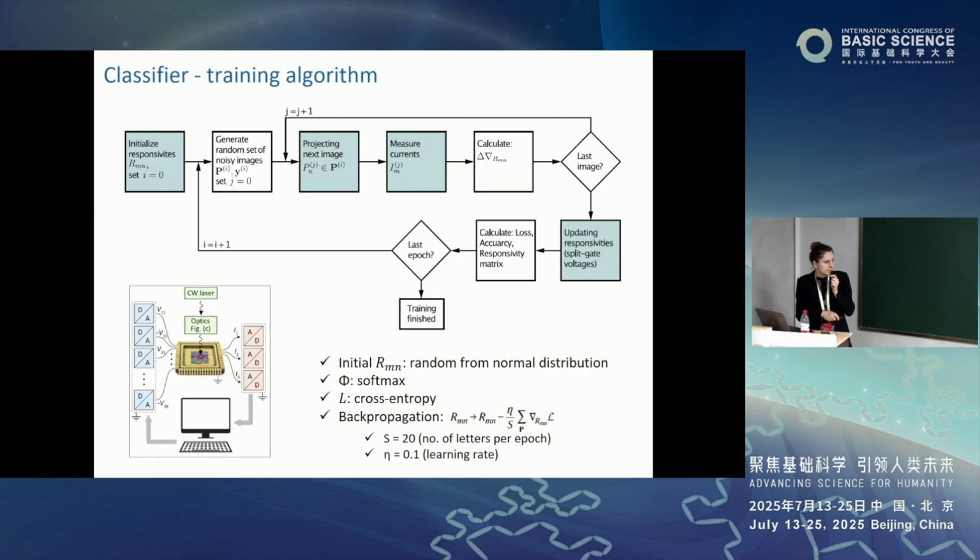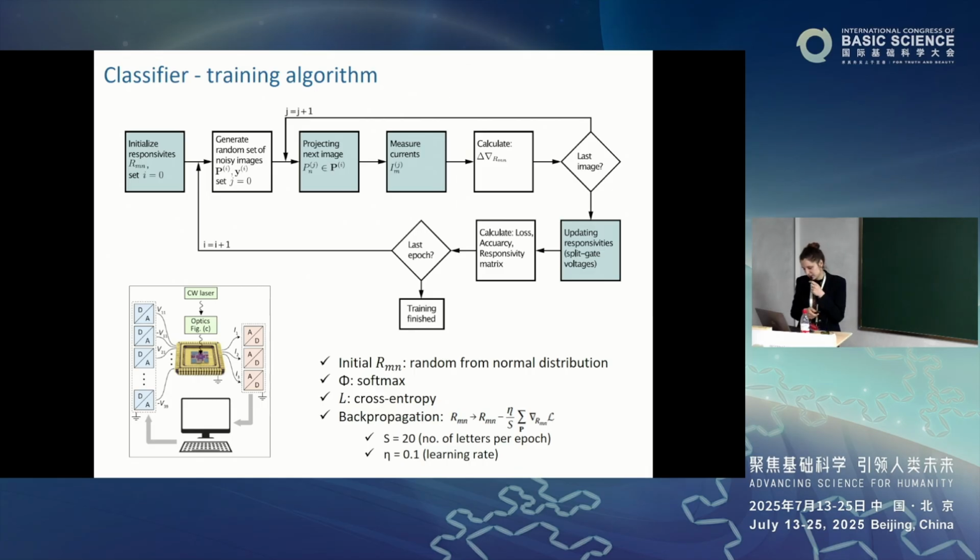So here are some details for people who are into AI training. It's very, very basic. Initial weights were random from a normal distribution, so we took just random numbers. Then the softmax function was used as the activation function. As I said, it will give you the probability for the classification, which category it is. We used cross entropy for the loss function.